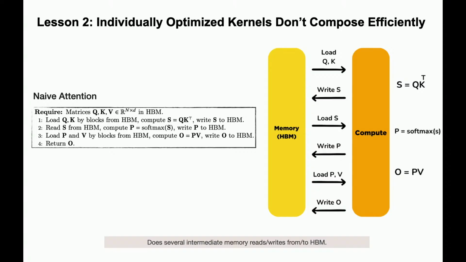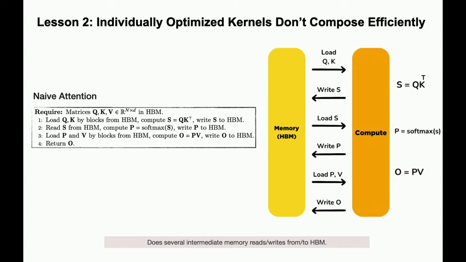So I would load Q and K, compute SDDMM using Aiden's optimized kernel, and then write it back, and then load S again, do a row-wise softmax using, again, an efficient bandwidth-optimal kernel, write the output back, load P and V again, do the SpMM. You know how to do SpMM, we've been doing this for a long time, and then write it back.